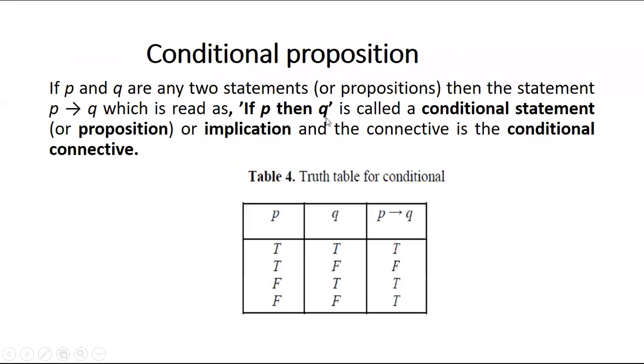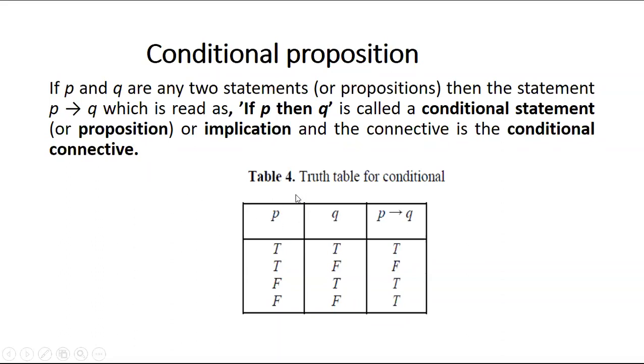Next, conditional proposition. If P and Q are any two statements, then the statement P implies Q is read as if P then Q. The symbol we are going to use is the implies symbol here. We can call it a conditional statement, implication or conditional connective.